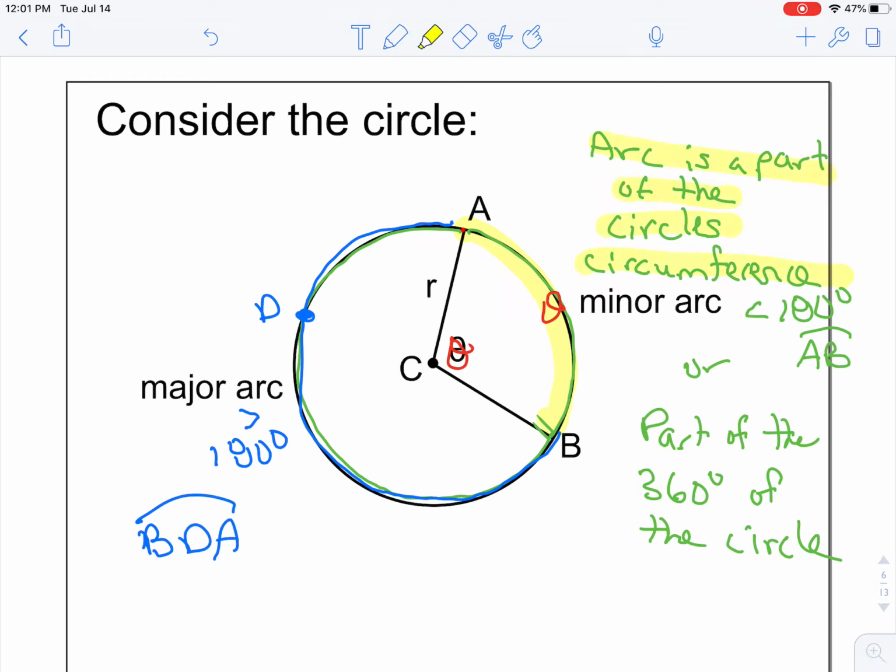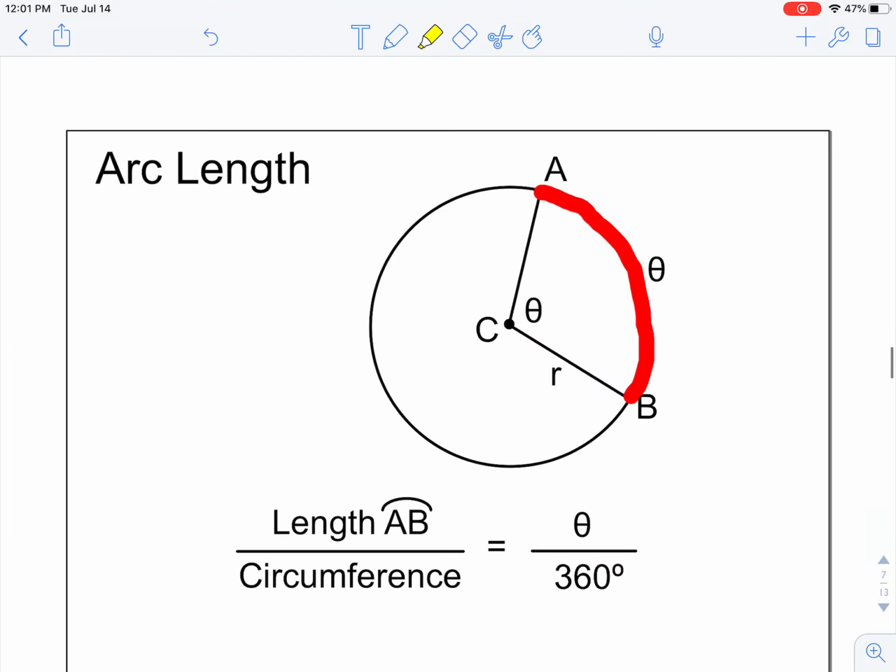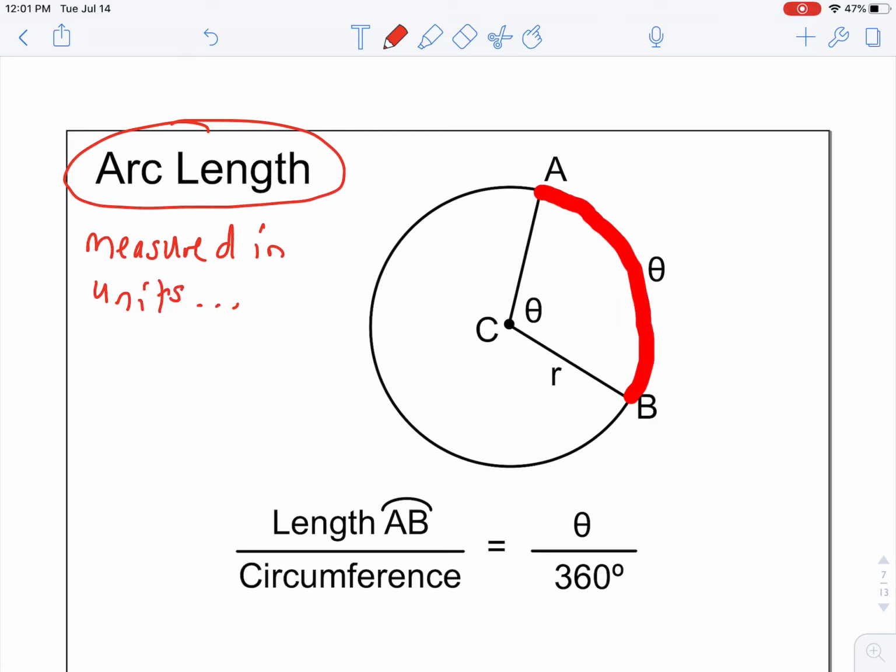Well, again, in the past we talked about the arc in the number of degrees. Today we're going to talk about it more as part of the circle's circumference. And so we call that an arc length versus an arc measure. So that's the difference. Arc length is measured in units rather than degrees, because remember, it's part of the circumference.